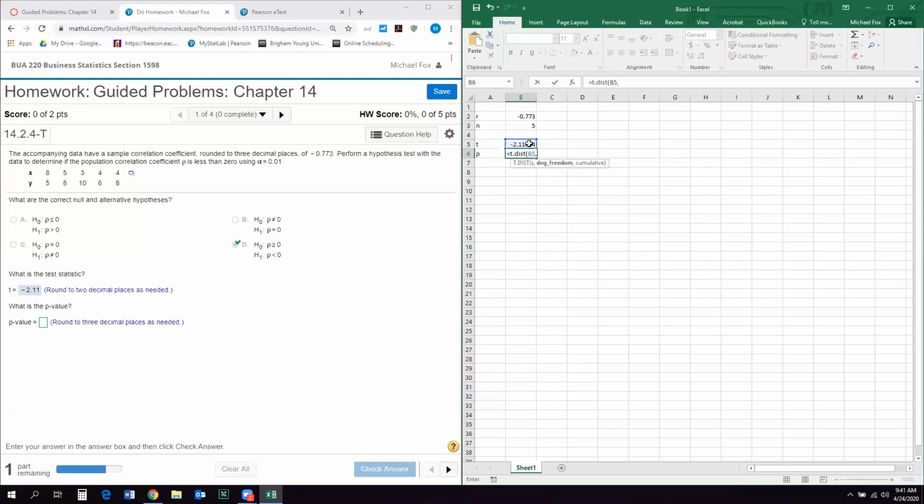My degrees of freedom is n minus 2. In everything else, our degrees of freedom is n minus 1, but because we have 2 sets of variables in regression models, we do n minus 2. That's the rule. And true. There's my p-value, 0.06. What does it want, 3 decimal places? 0.063.